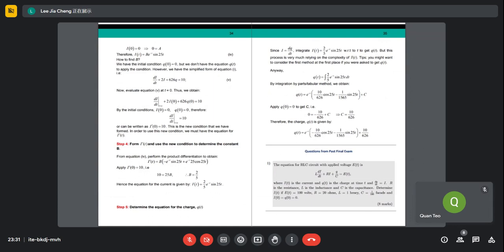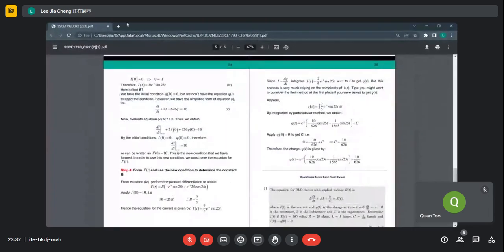By applying i prime 0 equals 10, we get 10 equals 25B, so B equals 2/5. Substituting B equals 2/5, the i(t) equation will be 2/5 e to the power of negative t sin 25t. The A term is ignored as A is equal to 0. Now we go to step 5, the last step of method 2.